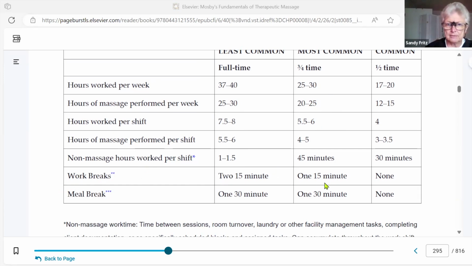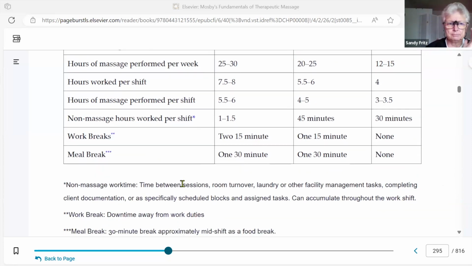And work breaks, one 15-minute break and one 30-minute meal break. So if you're looking over here at half time, it's unlikely that there will be breaks. And if you're over here on full time, it is best if there are two breaks, with a 30-minute lunch meal break in the middle.